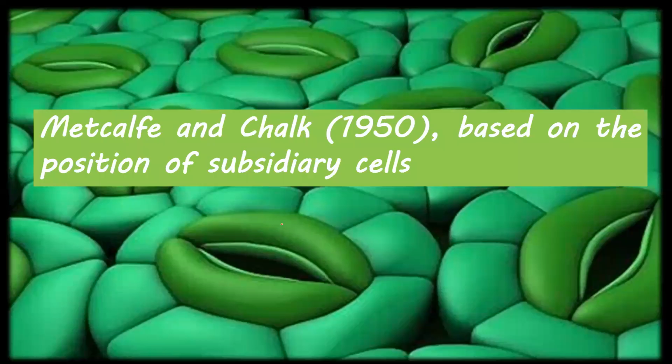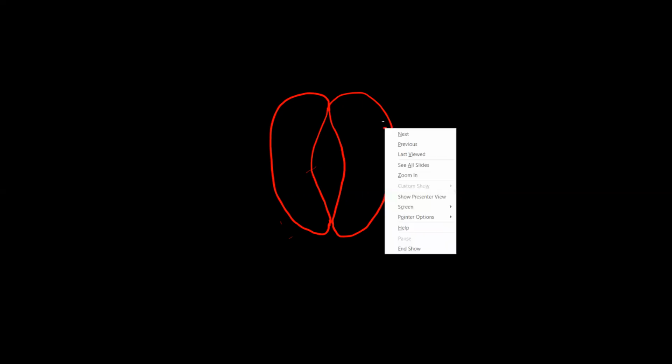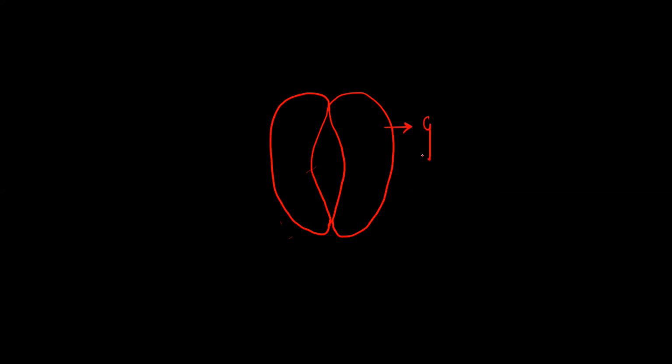If we just look at the simplest diagram of stomata, see, it appears somewhat like this. You have seen this in your books, in various pictures. These are guard cells, right?